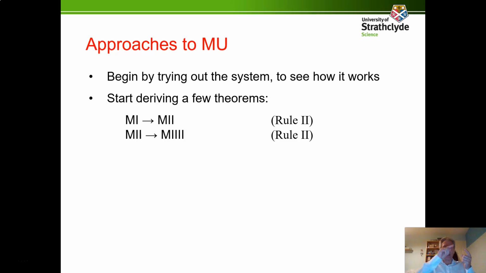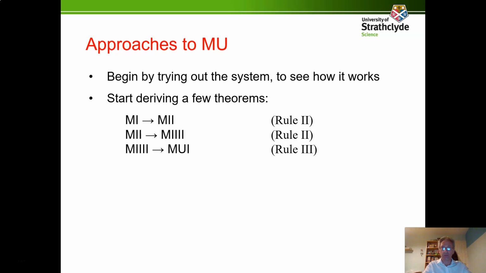So M with 1 I, M with 2 I's, and M with 4 I's, all of those are true statements. And I can then use my rule number 3 to replace the 3 I's in the string with a U. So MUI is also a true statement. So I've now got 4 true statements: MI, MII, M with 4 I's and MUI.